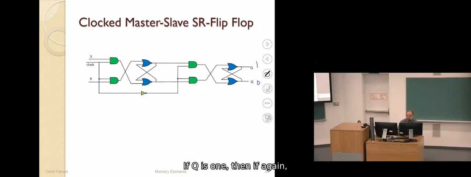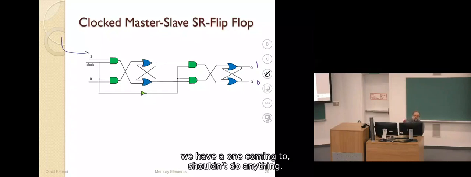So if Q is 1, and again we have a 1 coming to S, it shouldn't do anything, because Q is already 1. If we put S as 1 and R as 0, it shouldn't do anything.